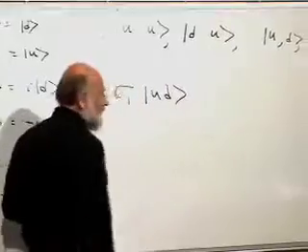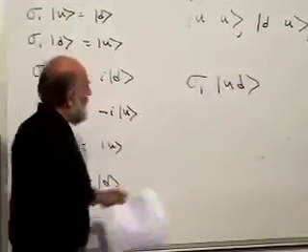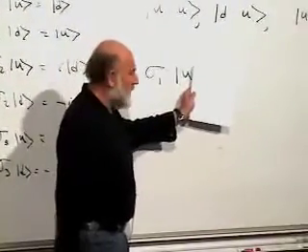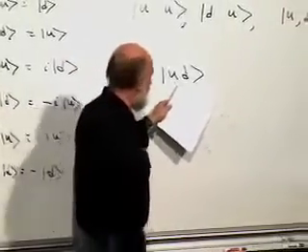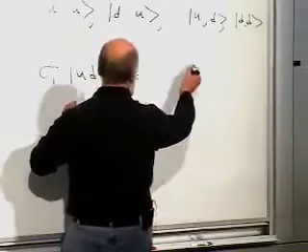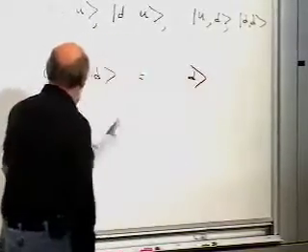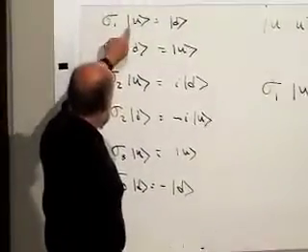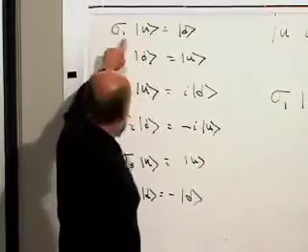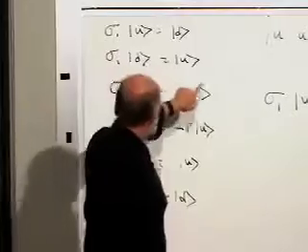when it acts on the state up-down? Just as an arbitrary example. Well, you just turn a blind eye to down, and when I say you turn a blind eye, I mean we will not change the down for the second electron, but we'll do to the first electron exactly the same thing that sigma 1 did on the first electron. What did it do?